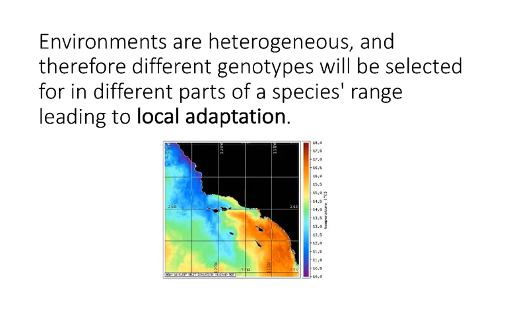The overall idea of local adaptation is that you have these environments that are different, they're heterogeneous. And so what that means is you're going to have different genotypes selected in different parts of that species range, and that's what leads to this local adaptation, or this fine-tuning of individuals to their local habitat through this process of natural selection. So when we think about the type of factors that make environments different, it's what we've talked about before.